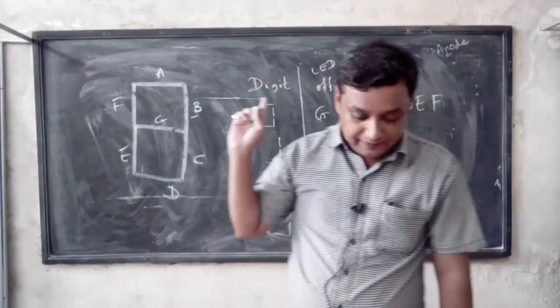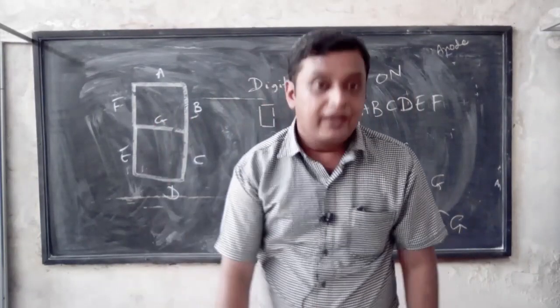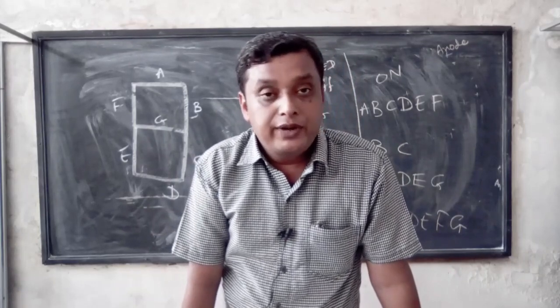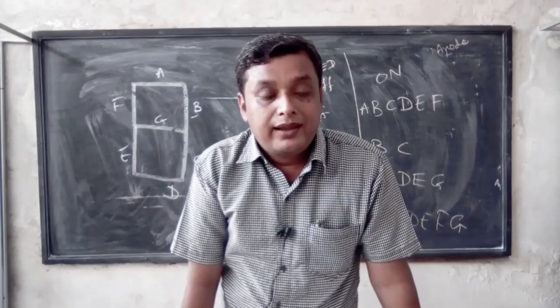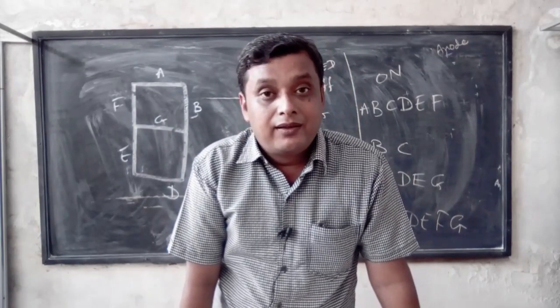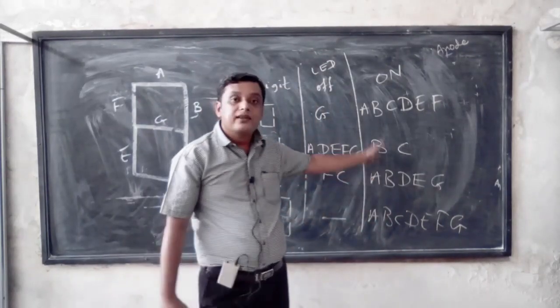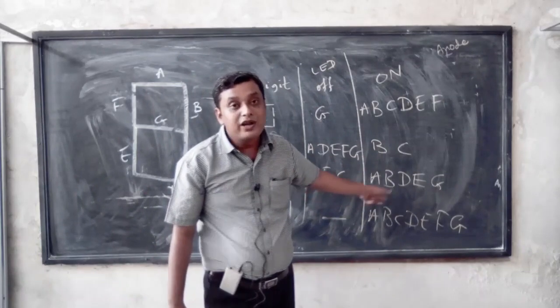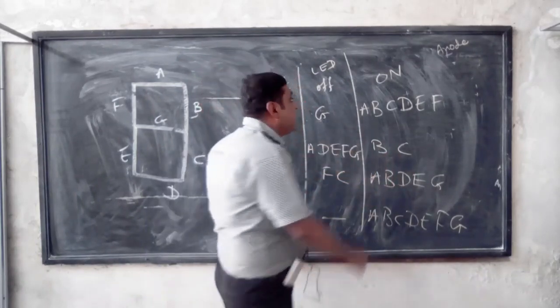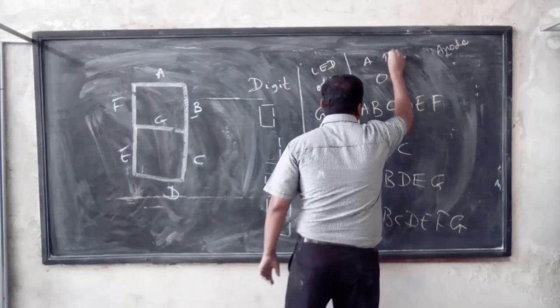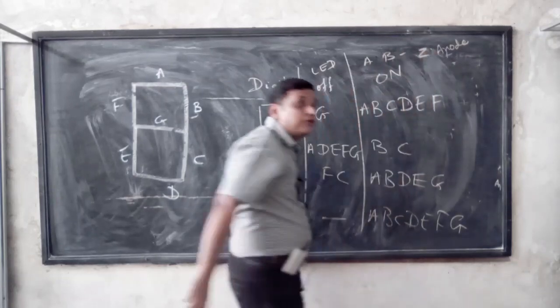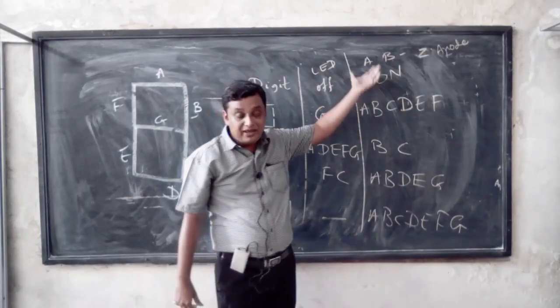So these are the 7 segment display unit. If I select characters instead of digits, I can display A, B, C, D and so on.